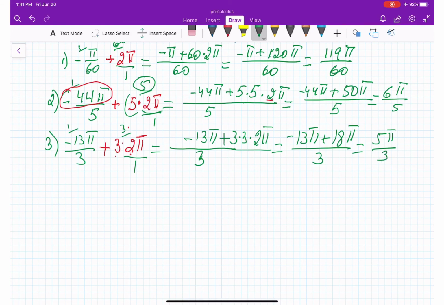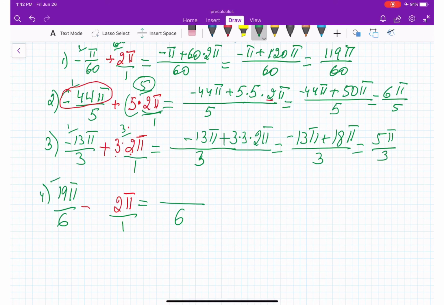Okay, let's do one more. 19 pi over 6. So how many times are we going to take this one? Because we have a positive. And if we have a positive, first of all, we need to subtract 2 pi, yes? So if I subtract, let me see, 6.